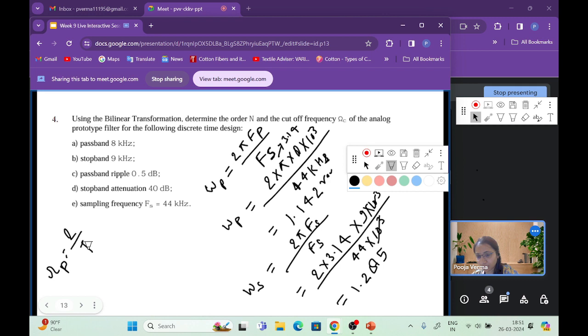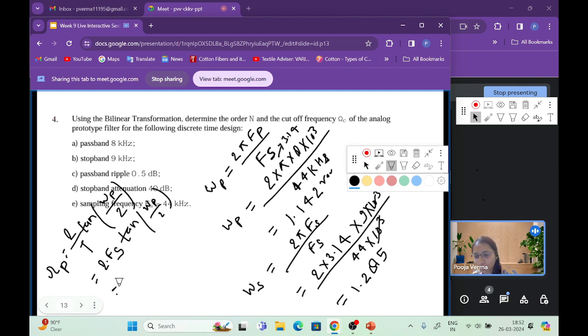So T is equal to 1 by fs, so 2 into fs, tan omega divided by 2. So I am writing here, we can write it like this also: 2 into fs, that is sampling frequency, tan omega p divided by 2.